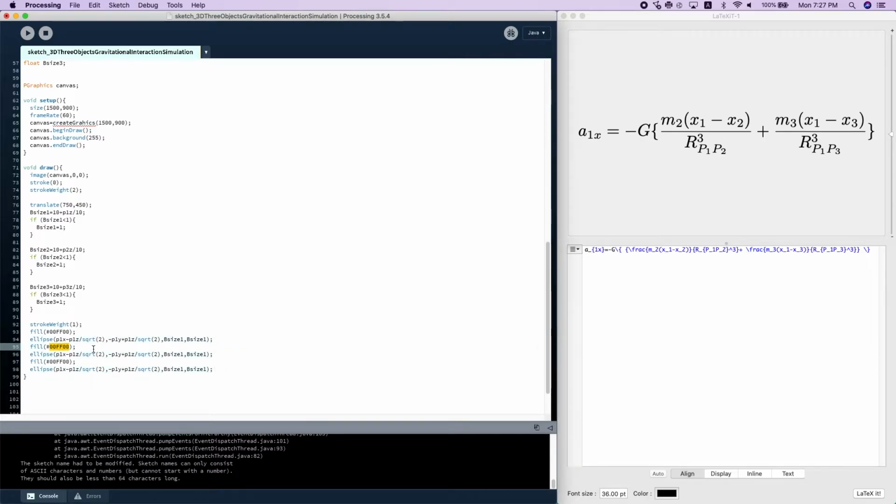Our second ball, ball 2, is going to be red, so FF0000. And our third ball is going to be blue, so 0000FF. All I'm going to do is replace all of these by 2, so P2x, P2y, P2z, and ball size 2. Same thing here, we replace everything by P3.